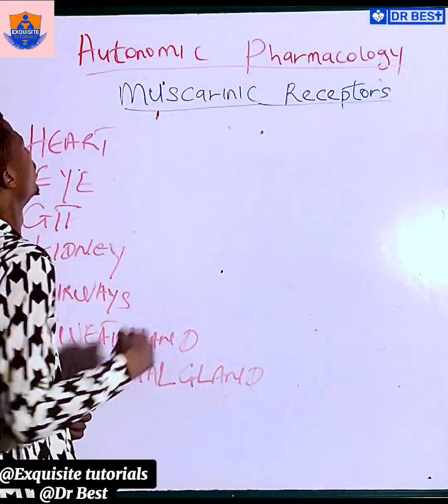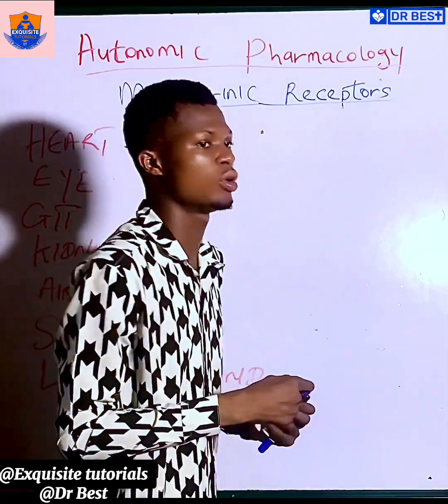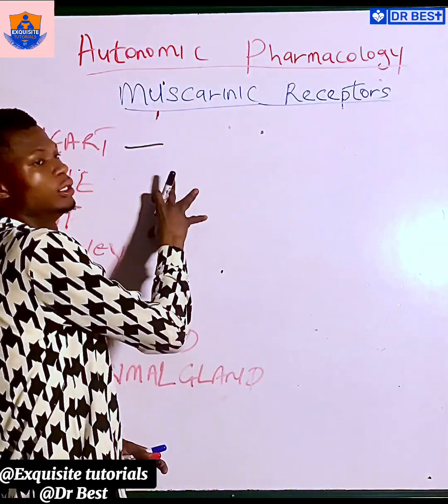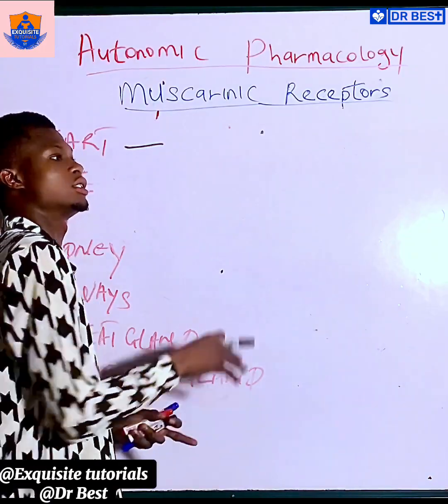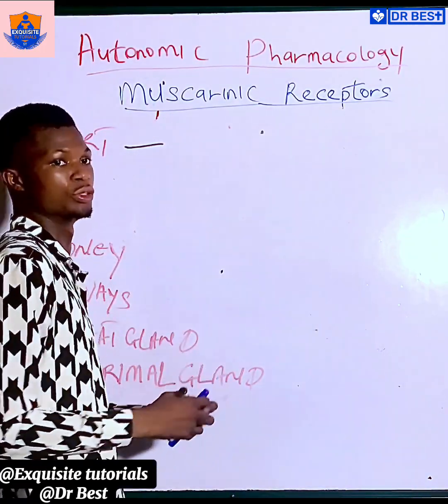First of all, let's begin with the heart. We made us understand that the muscarinic receptor found in the heart is the M2 receptor, right?